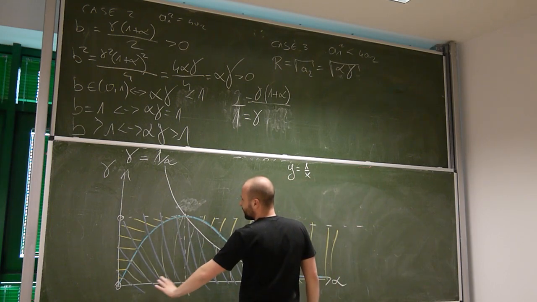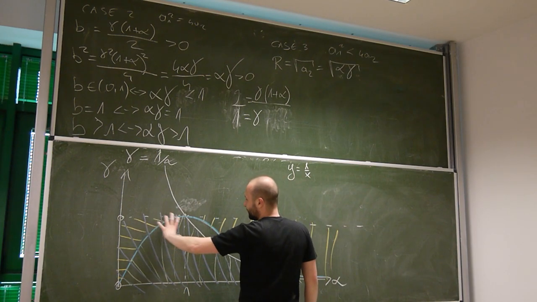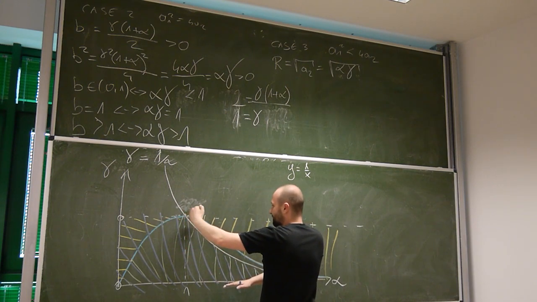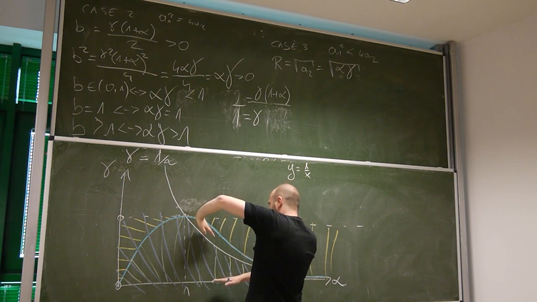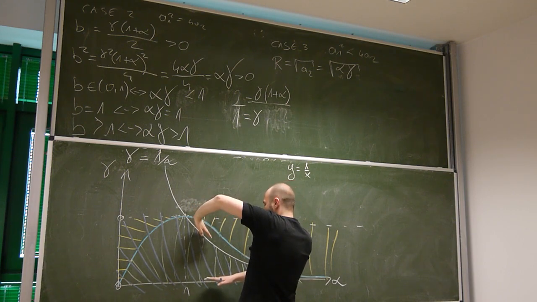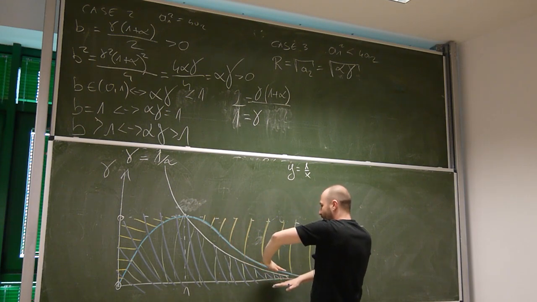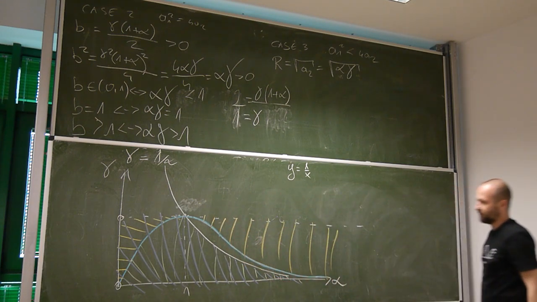But then, as accelerator gets bigger, the value of the multiplier must get lower in order to compensate for it.